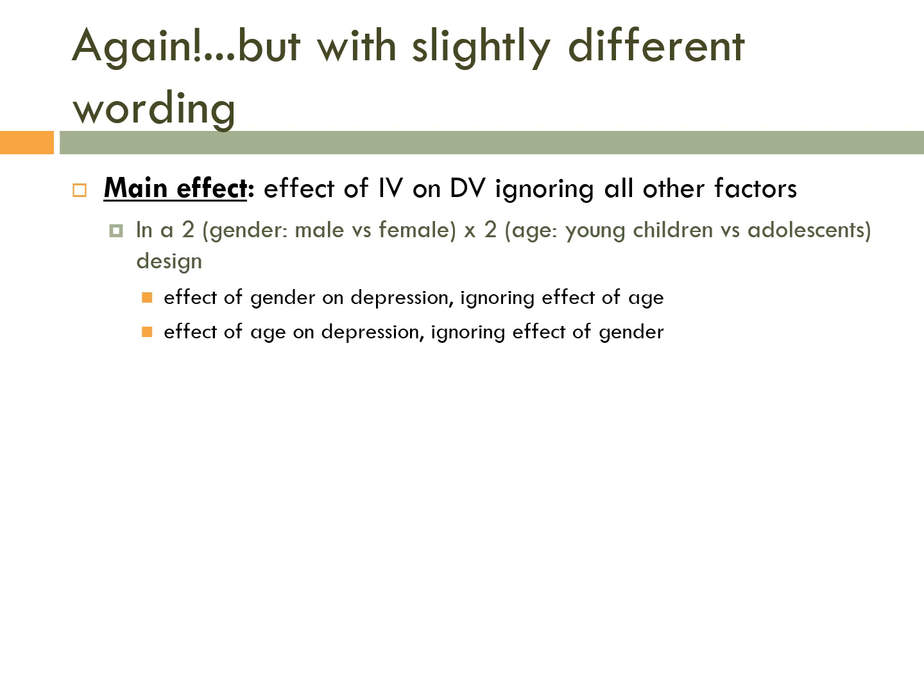So in an example of a 2x2 factorial design where you have gender and age as your two factors, you have male versus female in one factor. Those are the levels. And then you have a young child versus an adolescent as the two levels of your second age factor. Well, then you can look at this main effect of what is the effect of gender on, let's say, depression as our dependent variable, absolutely ignoring age, the other independent variable.